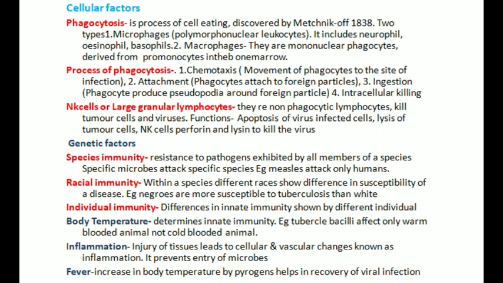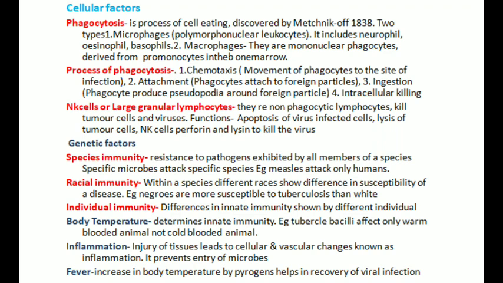And racial immunity: within a species, different races show differences in susceptibility to a disease. For example, Negroes are more susceptible to tuberculosis than white people. And individual immunity: differences in innate immunity shown by different individuals. For example, in the common cold, some people are most prone to suffer from it and others are not.